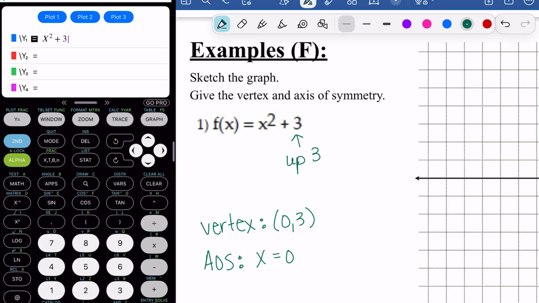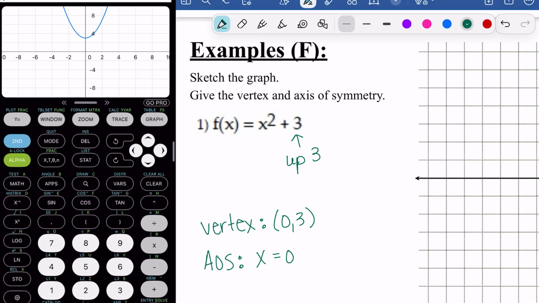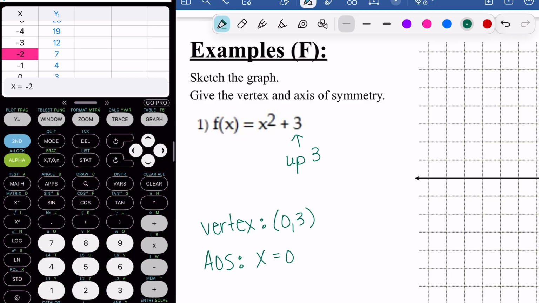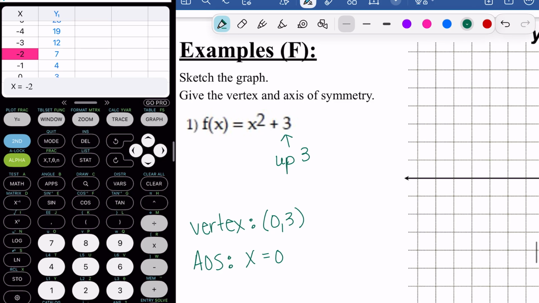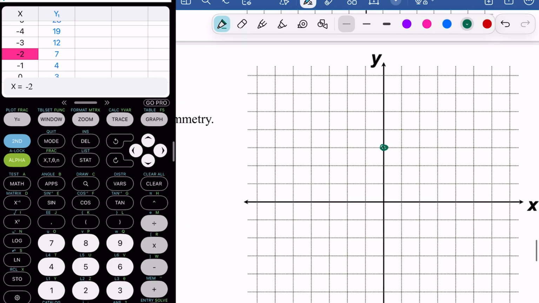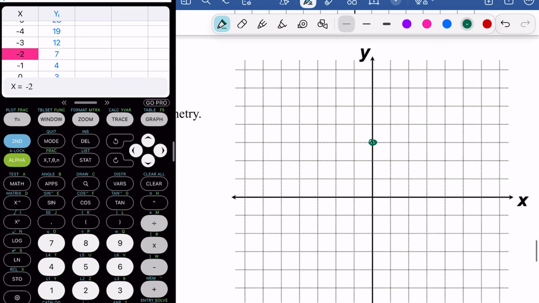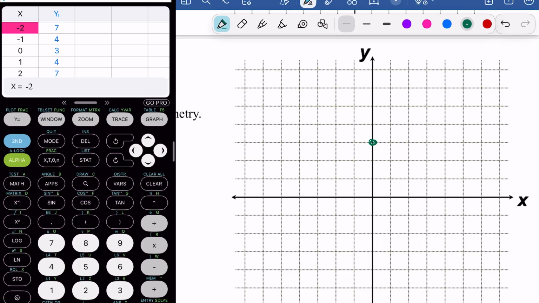Then if you want to see the graph, you can press the graph button. It's in the top right. So that's what it should look like. You can also get a table of values, and you can do that by pressing the second button and then the graph button. And so now we have a table of values, and we can scroll through that table to get some values that are around our vertex. I know my vertex is at 0, 3.